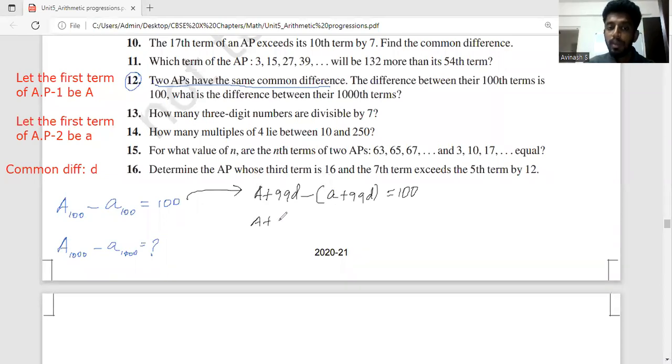Now, when you remove the bracket, the plus becomes minus. Now, plus 99d and minus 99d will get cancelled. And you get capital A minus small a is 100. This is what we are getting. We are just getting an equation with capital A and small a. This is what we get.